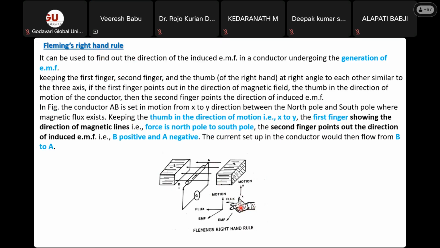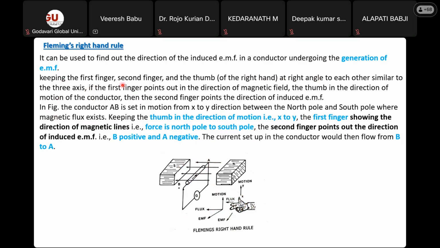If you hold your palm like this, the thumb shows the motion. This is the flux, and this is the EMF. Now keep in view how it is defined. I'll try to show you.